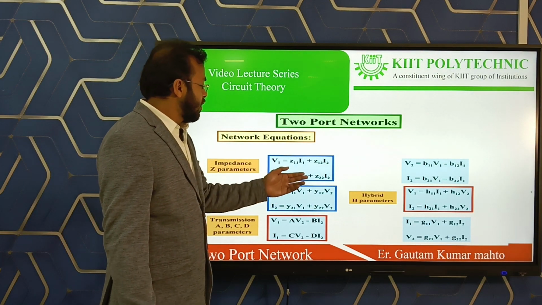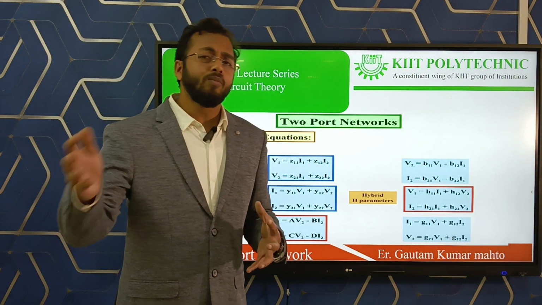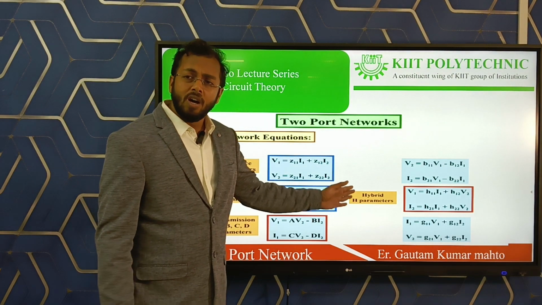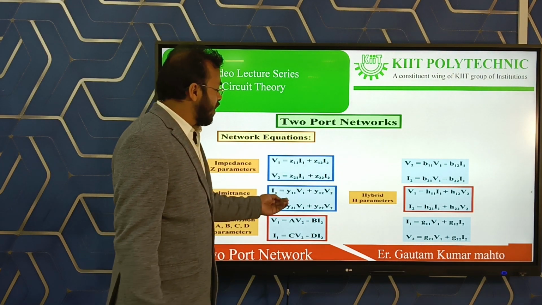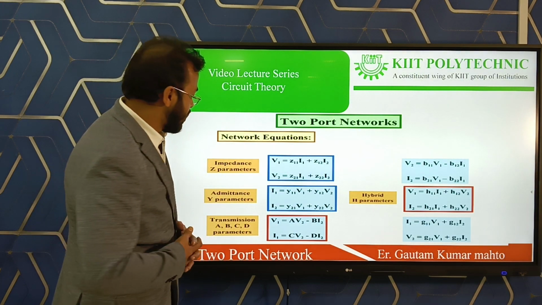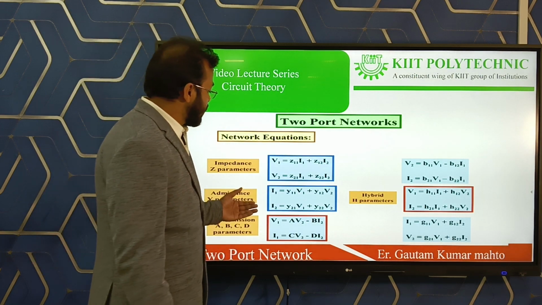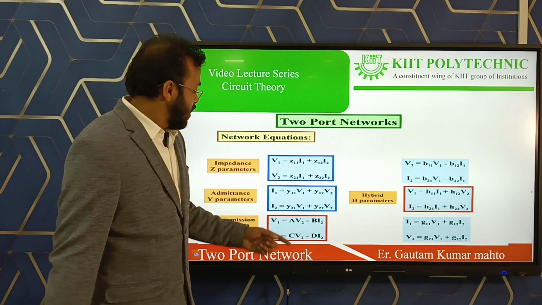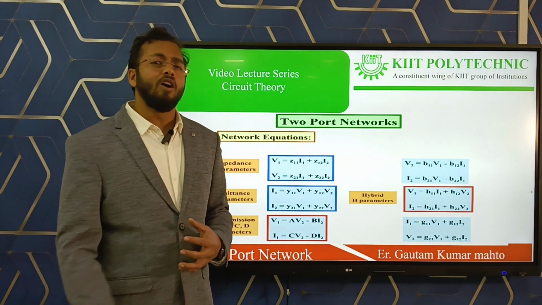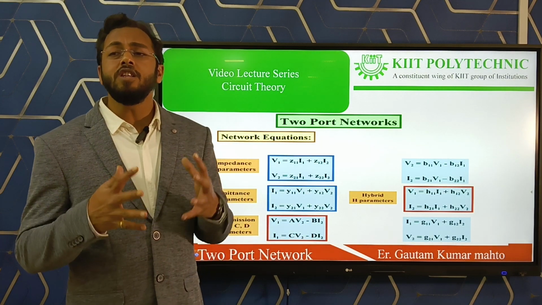Similarly, for Y11, we represent the current in terms of the voltage of the input side and the voltage of the output side. Y11, Y12, Y21 and Y22 are the admittance parameters here. Similarly, in the ABCD transmission parameters, we represent the input voltage and input current in terms of the output voltage and output current, where ABCD are the transmission parameters.